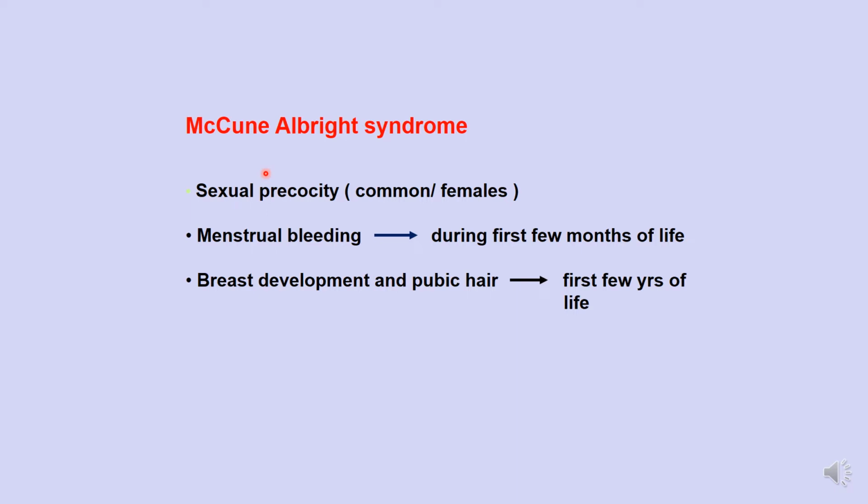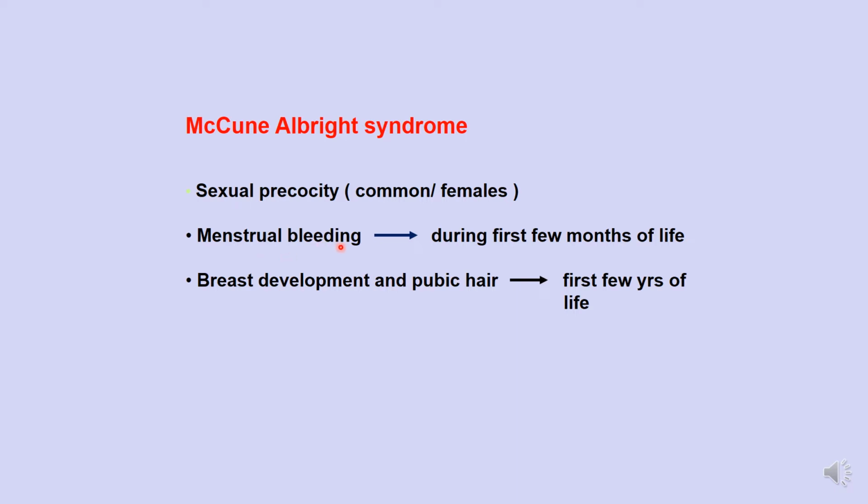Now, McCune-Albright syndrome has all features of Jaffe-Lichtenstein syndrome plus multiple endocrinopathies. When we talk about multiple endocrinopathies, it could be sexual precocity. Sexual precocity basically means when a female attains early puberty, right?